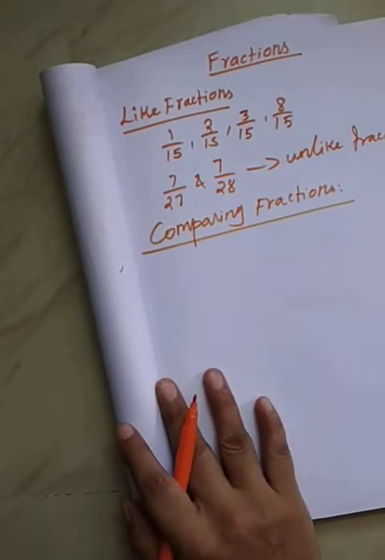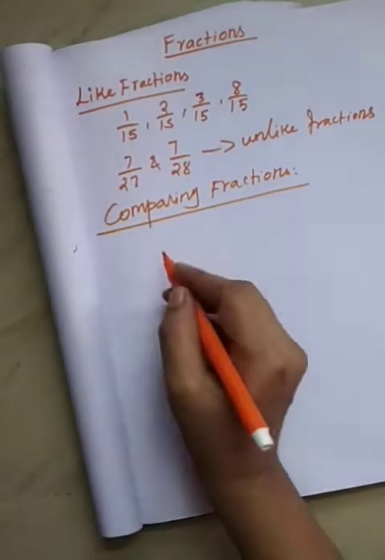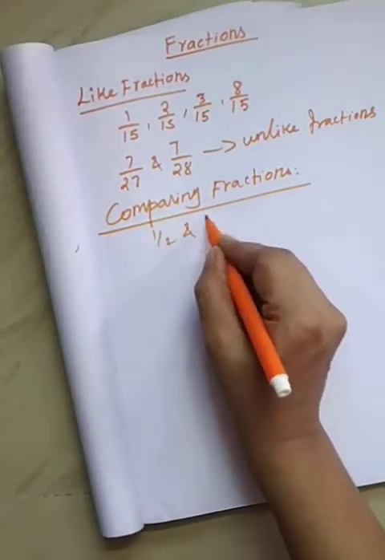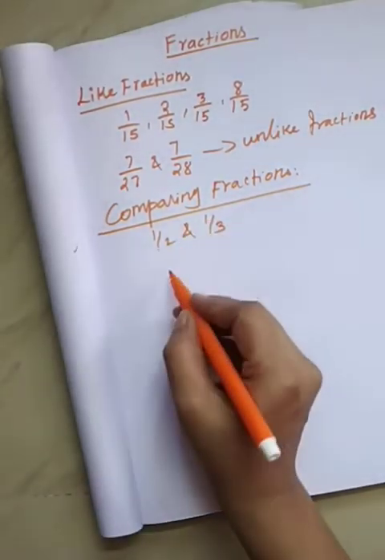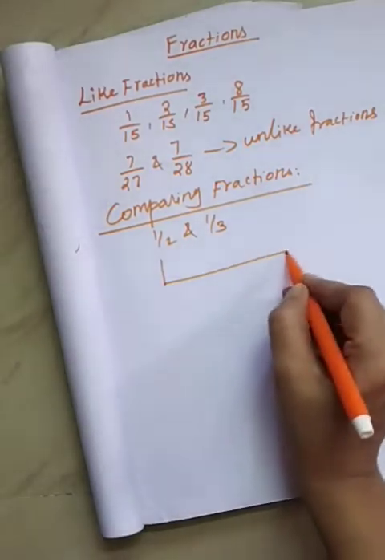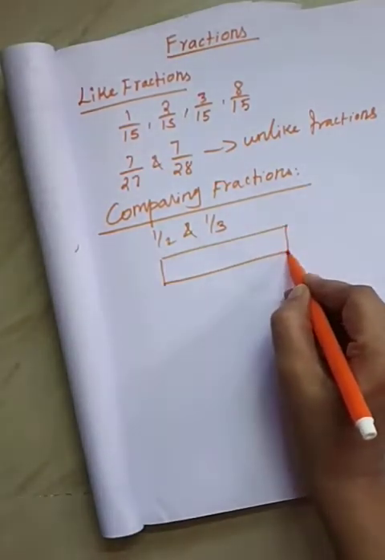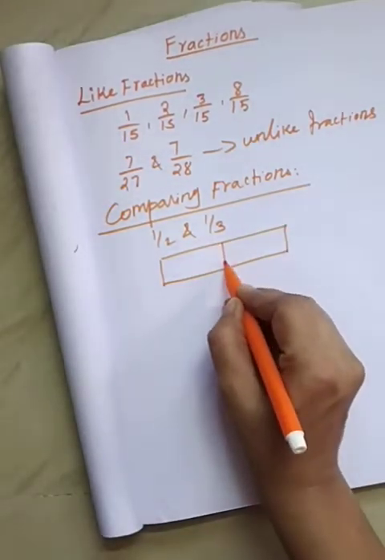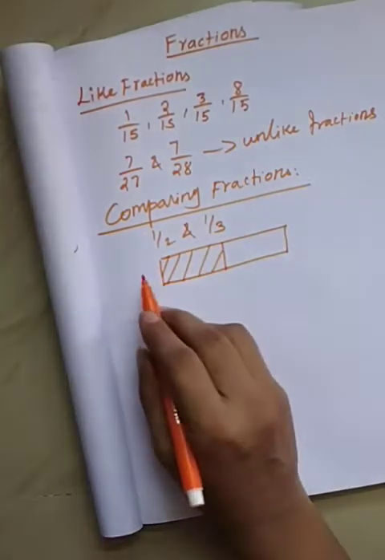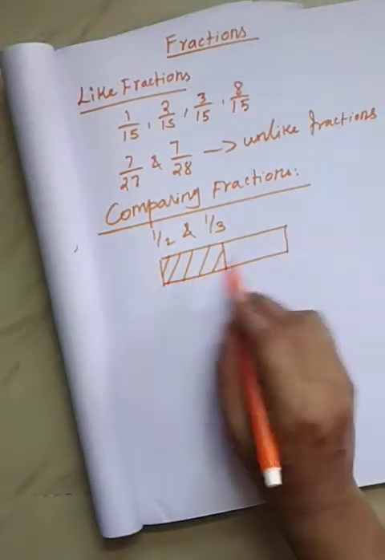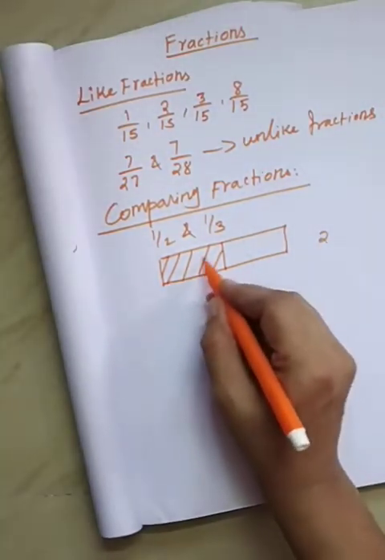What is comparing fractions? Now consider 1 by 2 and 1 by 3. In this one, I can draw some diagrams. See here, the total parts are 1, 2. How many shaded regions? 1.